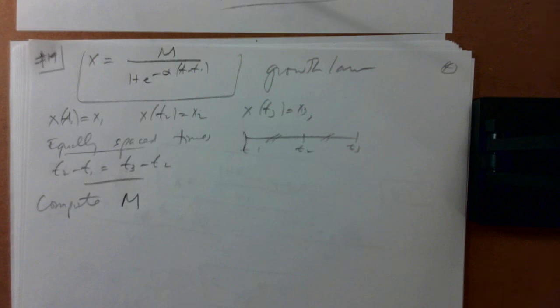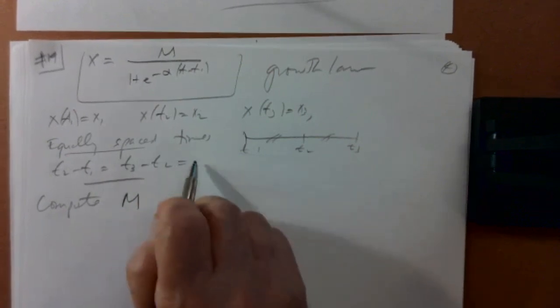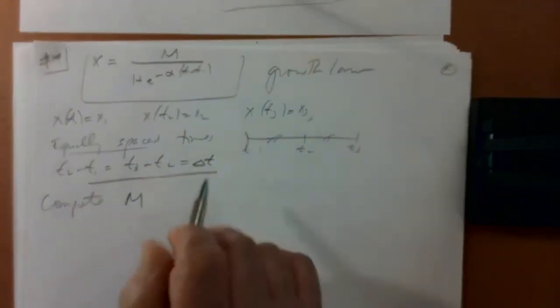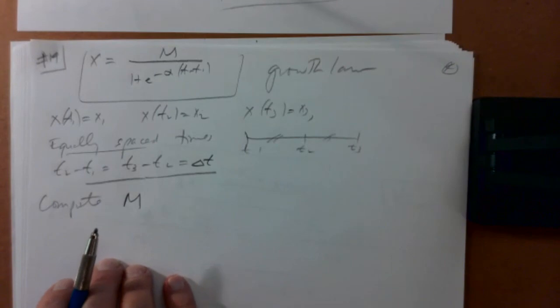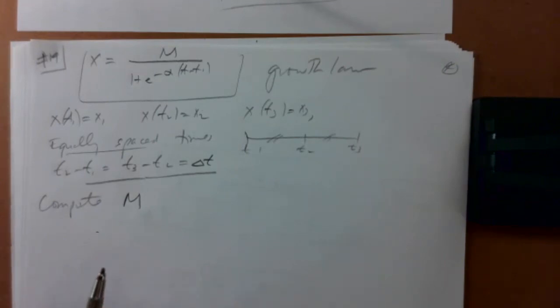Any questions about any of this? Suppose I call this, just in case I need it, delta t. That's the time interval from T1 to T2 and from T2 to T3.